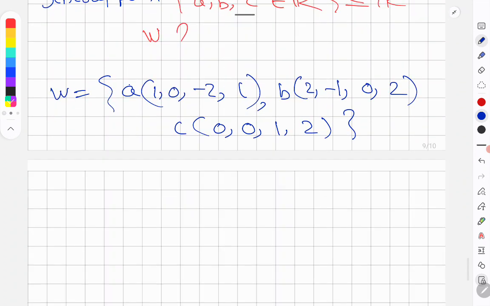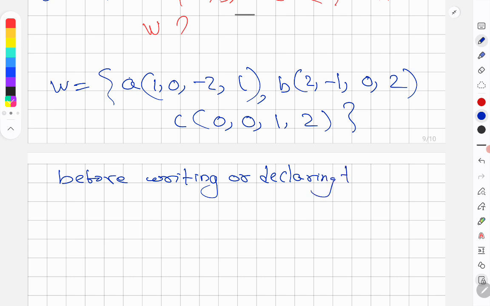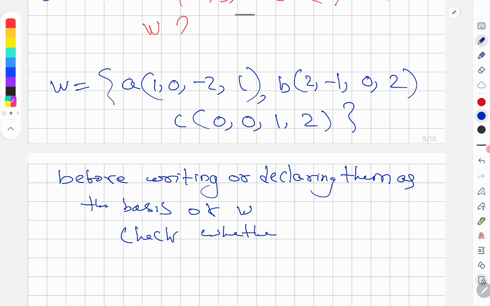You are almost done for W, but before declaring them as the basis of W, check whether they are linearly independent or not.